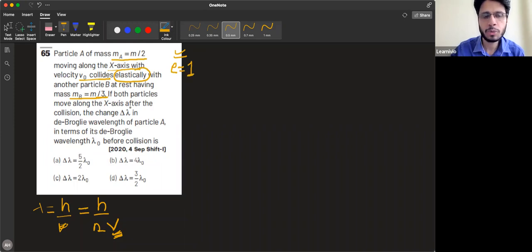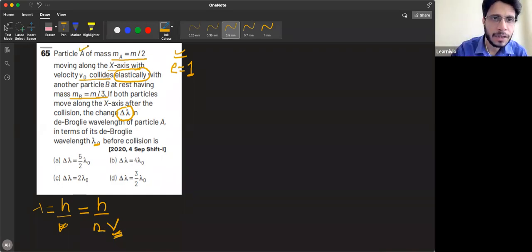If both particles move along the x-axis after the collision, you need the change in de Broglie wavelength of the particle in terms of the de Broglie wavelength lambda before. Before and after collision, the momentum of the particle will change, which means the de Broglie wavelength will change. So we're supposed to calculate the change in de Broglie wavelength.